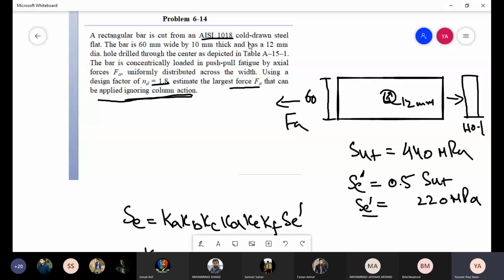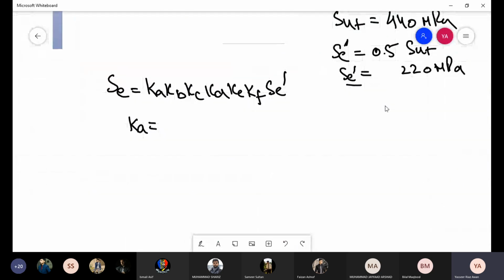Okay. So in the surface finish, we said that we have different equations for different surface finishes. You had the ground finish, you had cold worked or machined, you had forged, hot rolled.